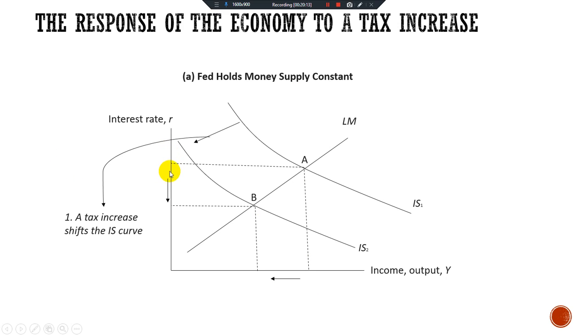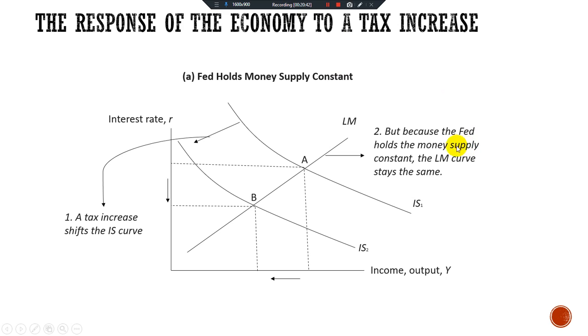So see here we have a downward interest rate trend, because lower income reduces the demand for money. We have a tax hike, which also causes a recession in the economy.